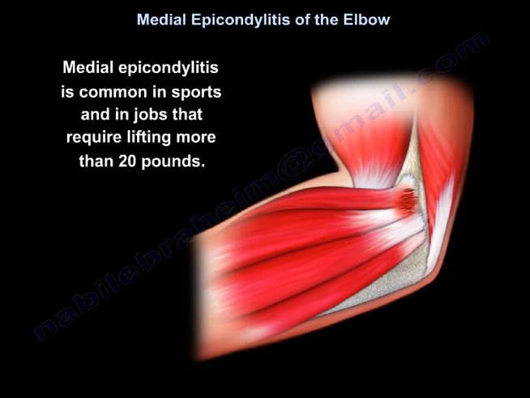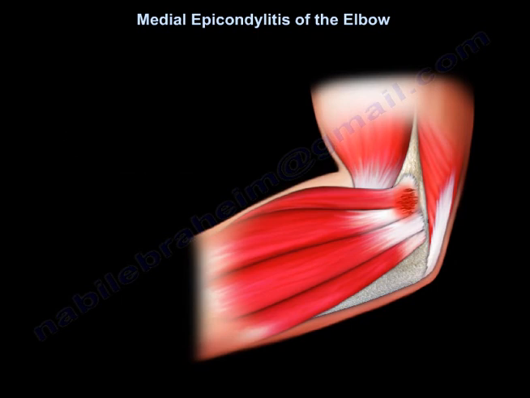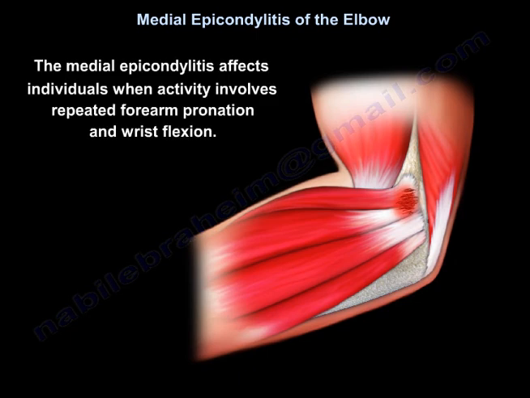Medial epicondylitis is common in sports and in jobs that require lifting more than 20 pounds. The medial epicondylitis affects individuals whose activity involves repeated forearm pronation and wrist flexion.